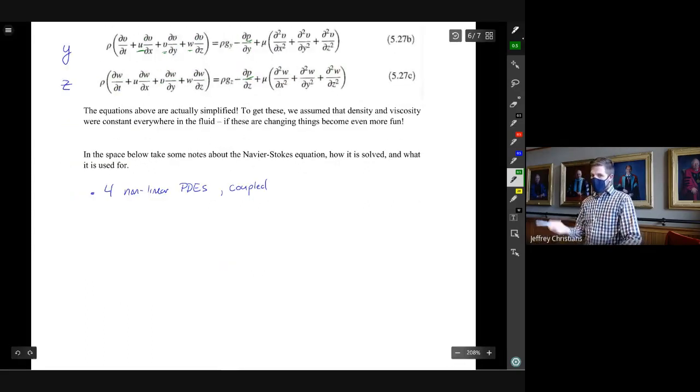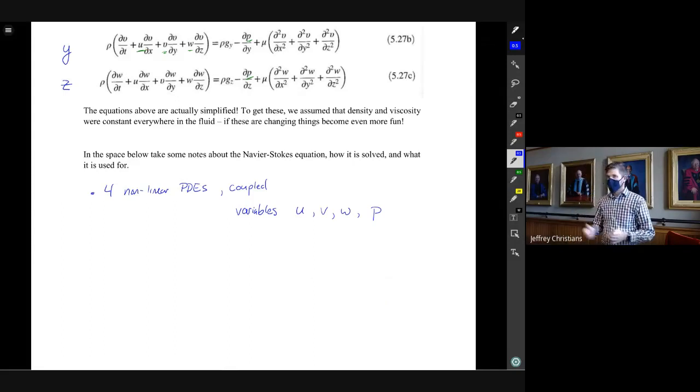So we have 4 variables. Our variables are U, V, W, and pressure. So all 4 components of the velocity and pressure.